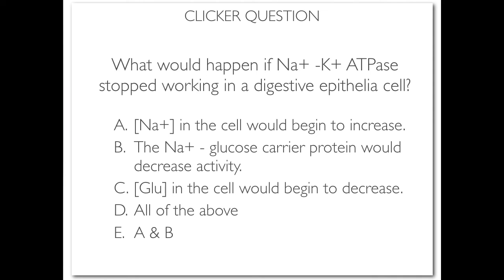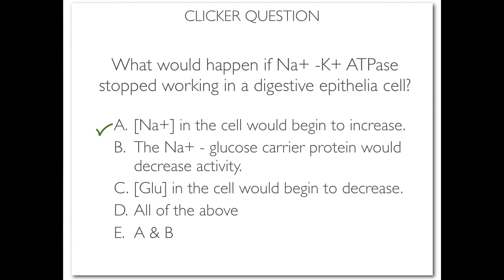Okay, give me your final answer on this one. All right, so if we disrupted sodium-potassium ATPase, we're no longer pumping sodium out of the cell and into the interstitial fluid on the basal surface of the cell.